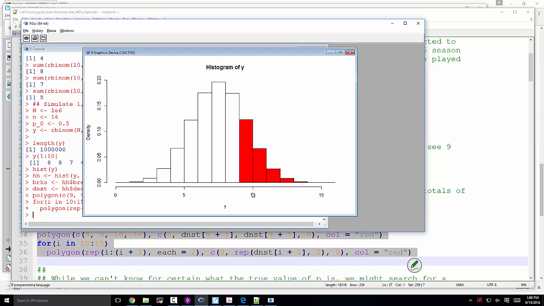What I have highlighted on the screen is the area under the curve, which is how we talk about probabilities, areas under distributions. Area under the curve to the right of 9. What's the probability, if you're really an average team, of getting 9 or more wins out of 16, just by chance?